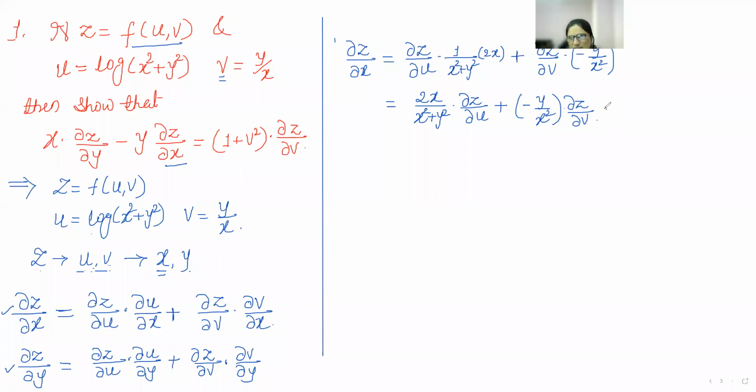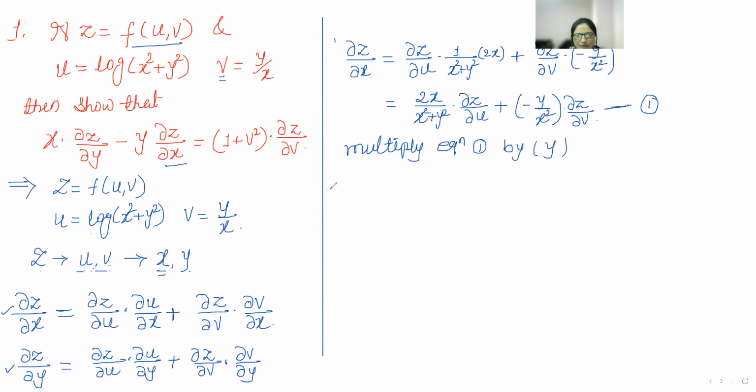Okay? Suppose this expression we are taking as the first expression. In the example, what we need is y into dou z by dou x. So multiply the given equation 1 by y.